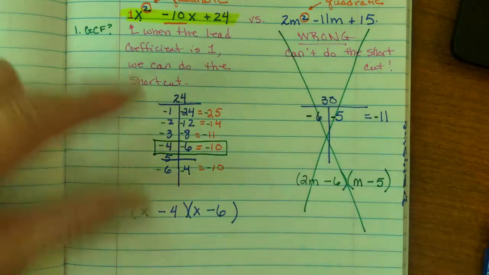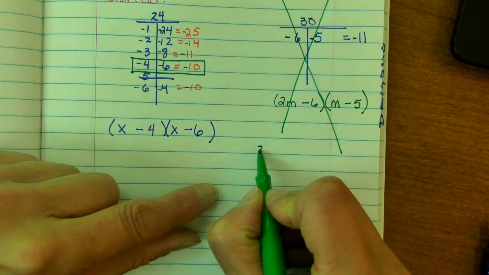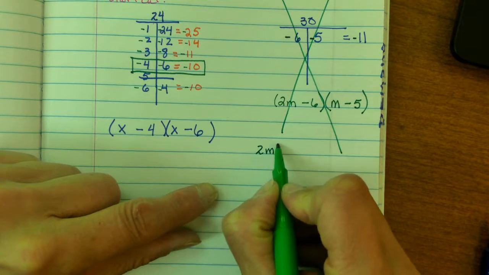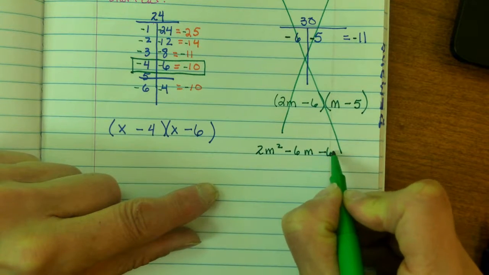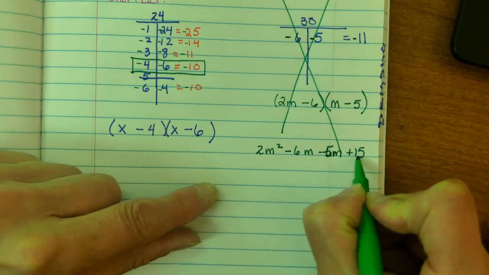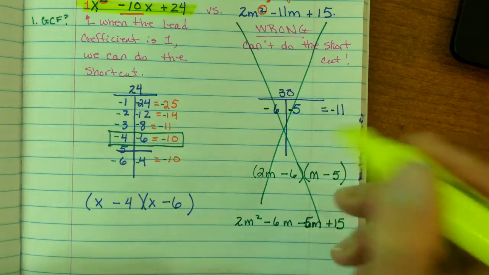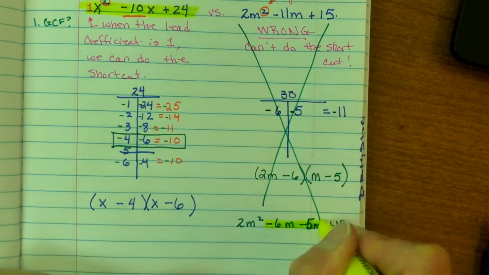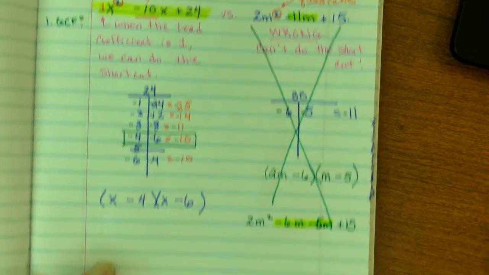So the long way, I'll do it the long way, would be 2m squared minus 6m minus 5m plus 15, okay? So what did I do? I had to take these numbers, and that's replacing my negative 11m.